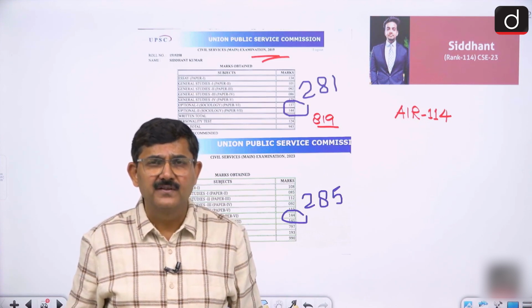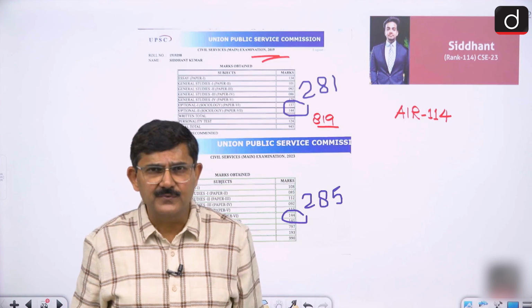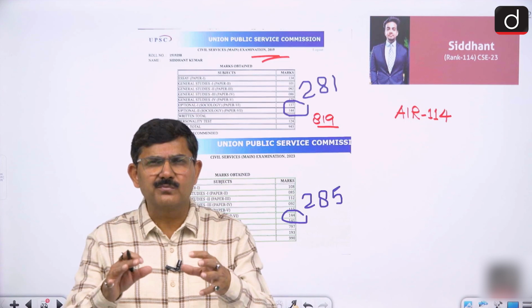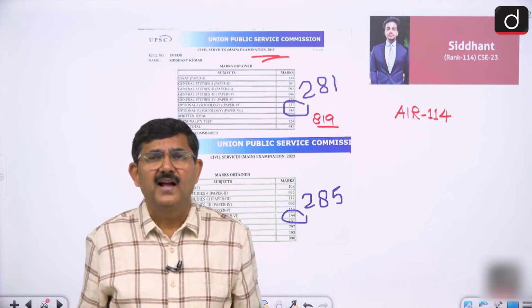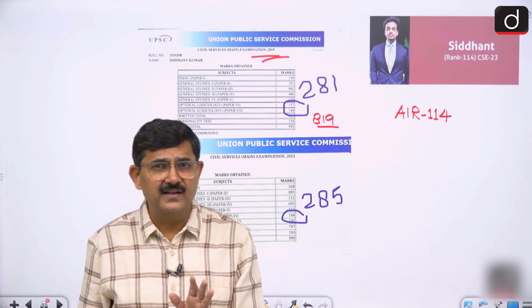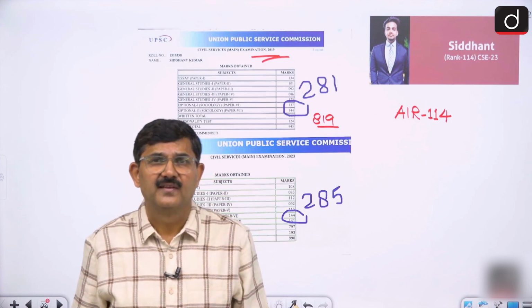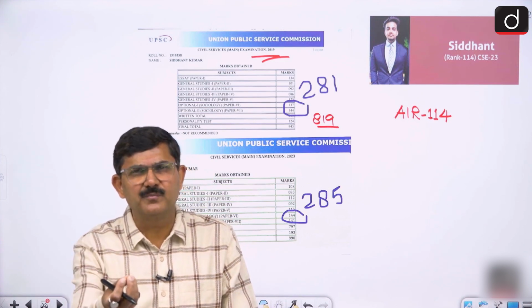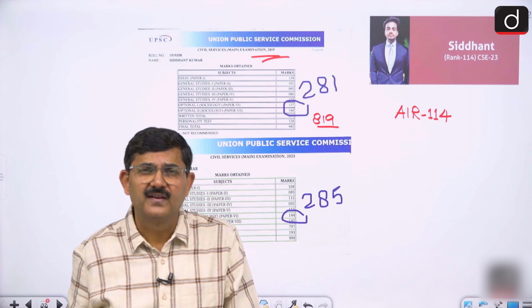It was, I think, his fourth attempt. But in the very first attempt also, he was well prepared. In fact, in this paper in sociology, he got 296 marks in the first attempt, but missed by a few marks, 2-3 marks, that time.